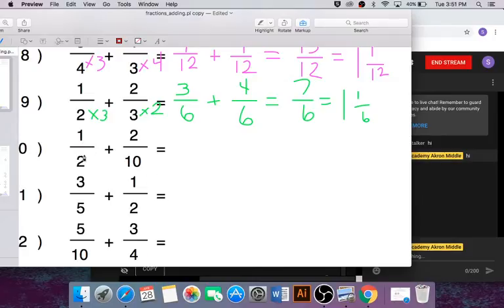Down here we have 1 over 2 plus 2 over 10. So the least common multiple of both 10 and 2 would be 10.